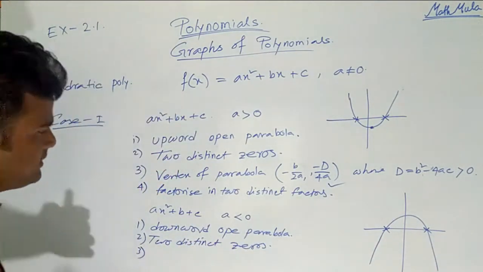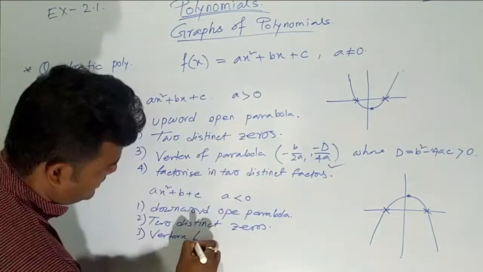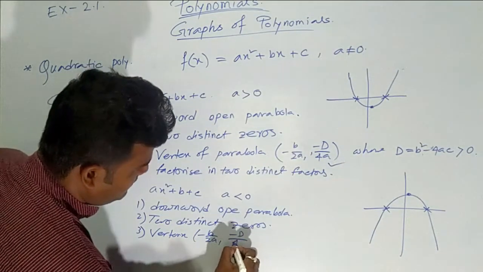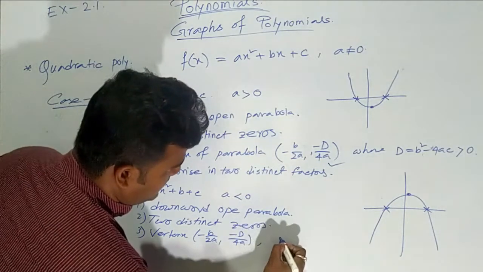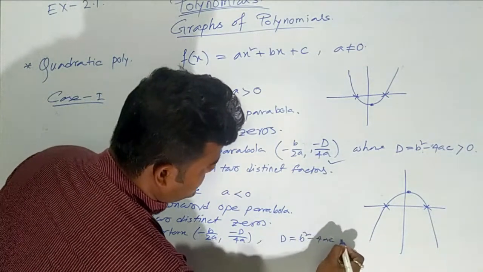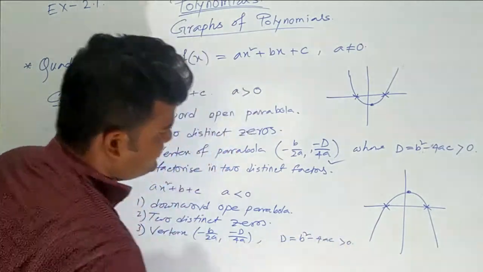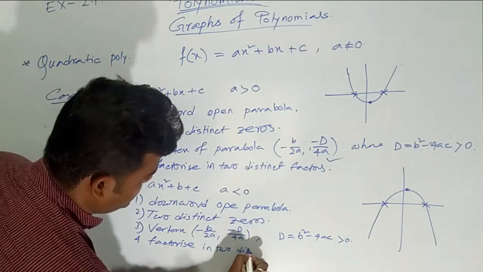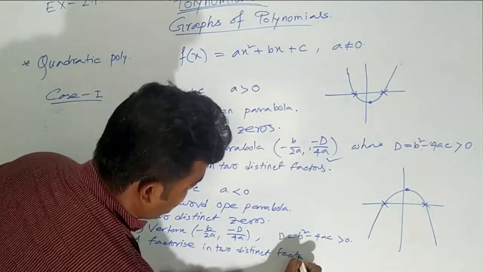Number 3, the vertex of this parabola is (-b/2a, -D/4a), and D = b² - 4ac, which is greater than 0. And number 4, factorize into two distinct factors.